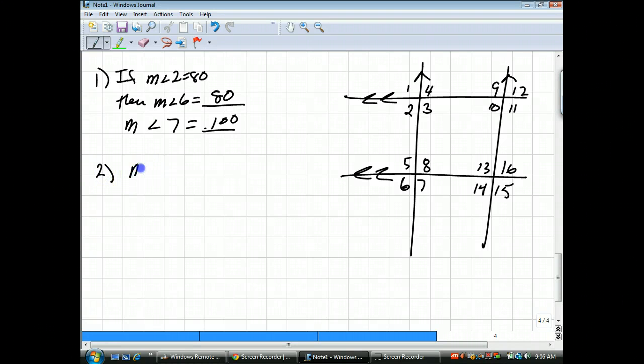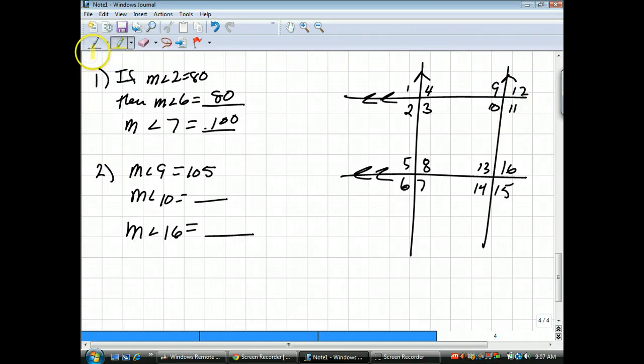If measure of angle 9 equals 105, then measure of angle 10 has to equal what? And measure of angle 16 has to equal what? Okay, well, let's find angle 9. So angle 9 is right here, and it's formed by this line and this line.